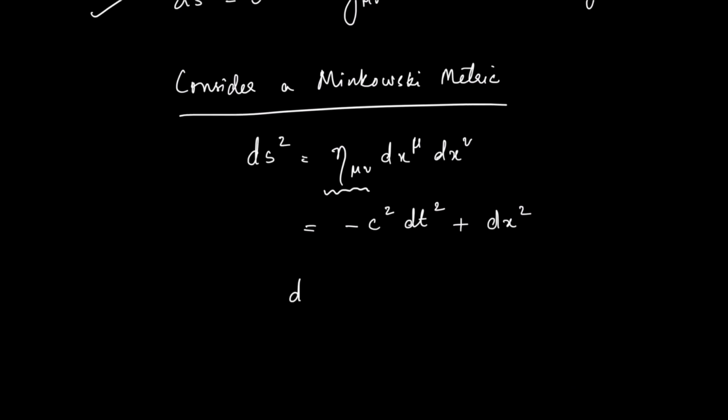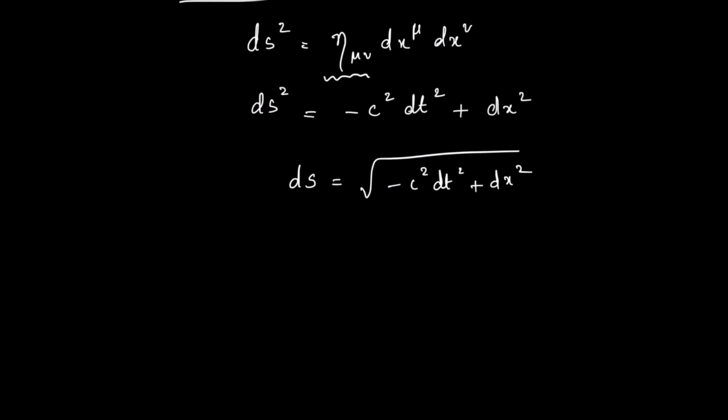I can write ds is equal to root of minus c square dt square plus dx square. Now for light, if you are considering light, then the speed is equal to c.